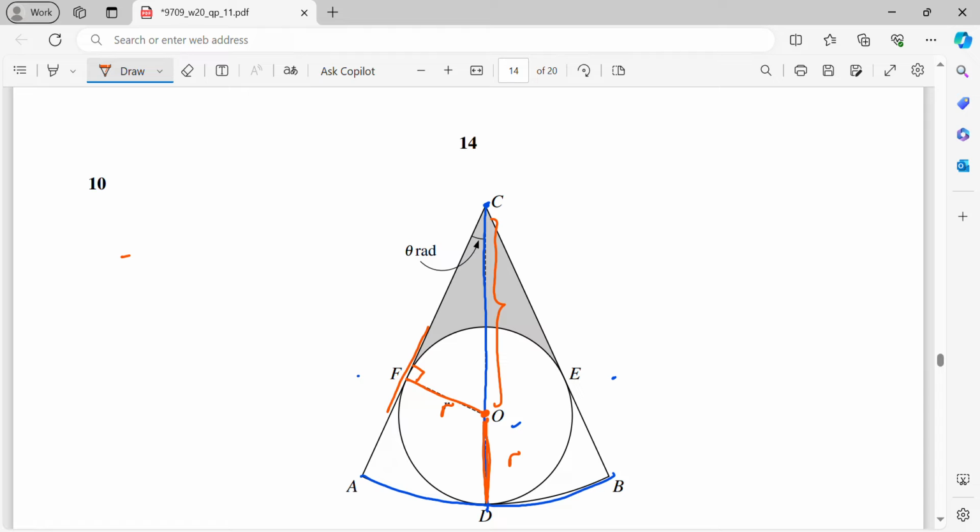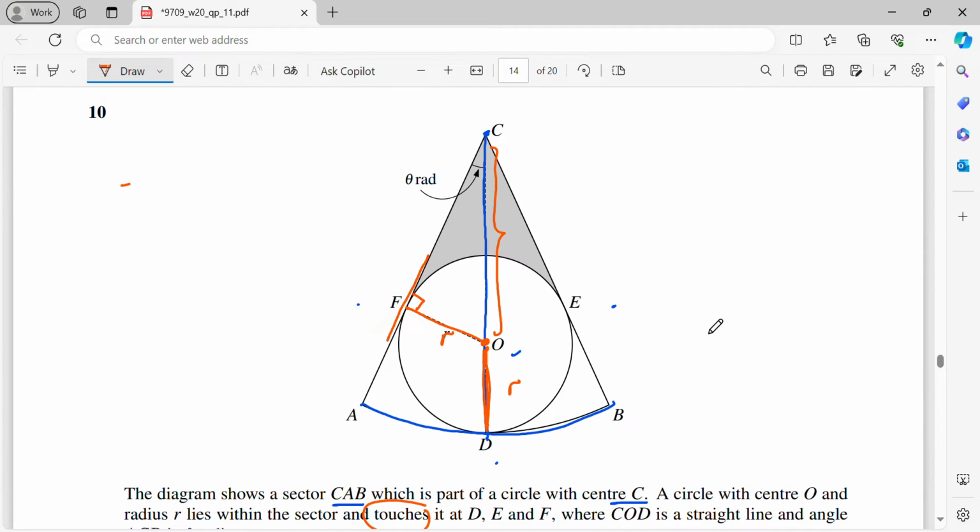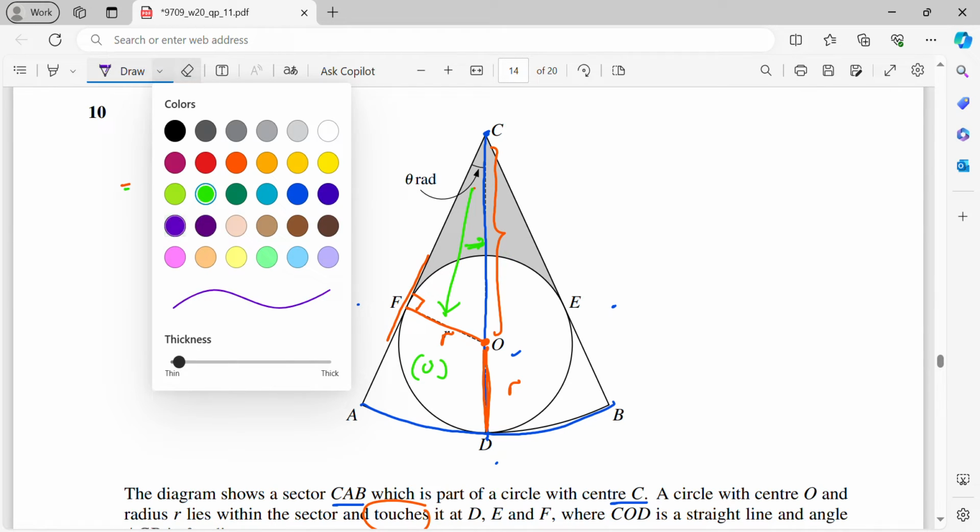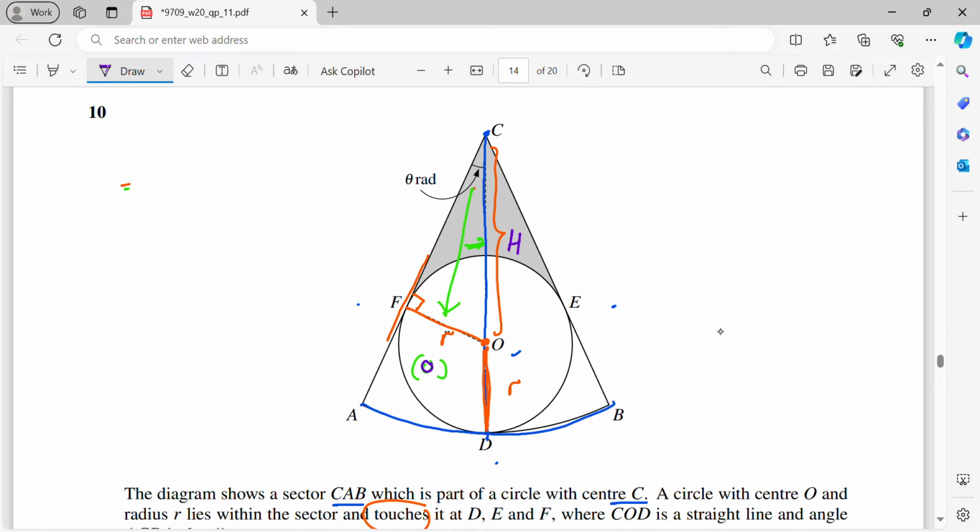Okay, now theta. Here is theta. And now we need to find out what is my CO. So when you look at CO, for this theta, the opposite side is R. CO is the hypotenuse, right? So you can see clearly, this one is the hypotenuse, and this is the opposite side of the theta.